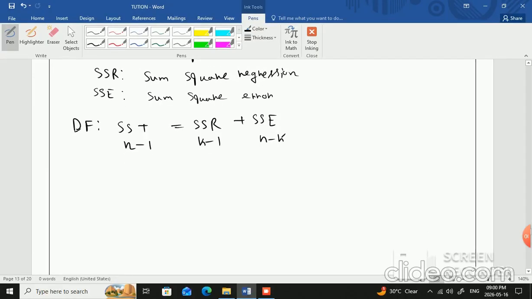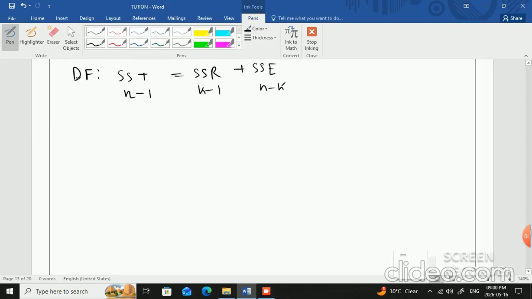So now we write the ANOVA table for multiple regression. ANOVA table means analysis of variance table, where we summarize the sum square total, sum square regression, etc. The first column of the ANOVA table is source of variation.